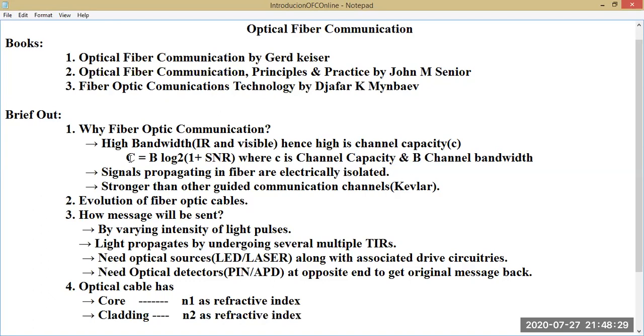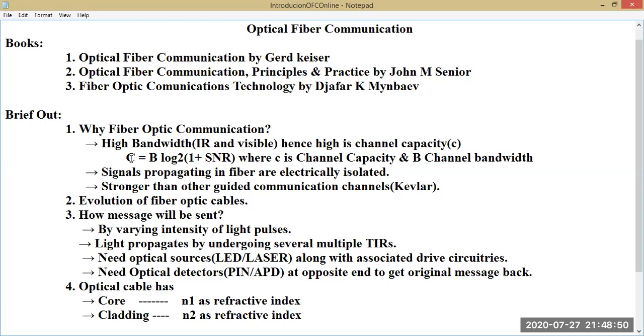Why is there electrical isolation with optical fiber cable? Optical fiber cables are fabricated using silica or sand as the material, and we know that silica is not a good conductor of electricity.